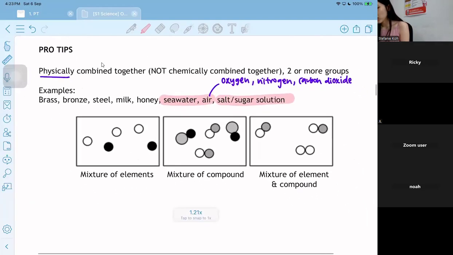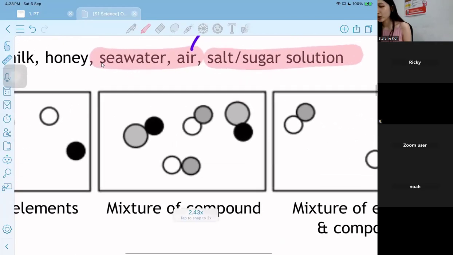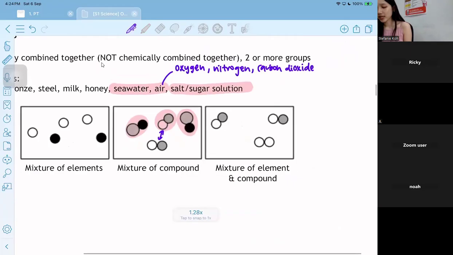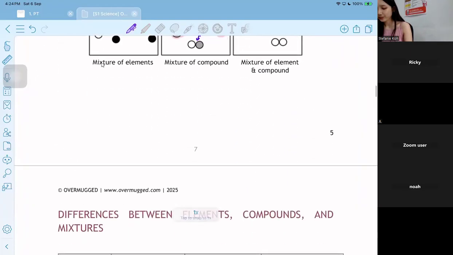Okay? So how do they look? Mixtures look slightly more complicated, right? You have 1, 2, 3 different types of things just hanging around. These two are the same things. So physically mixed together.